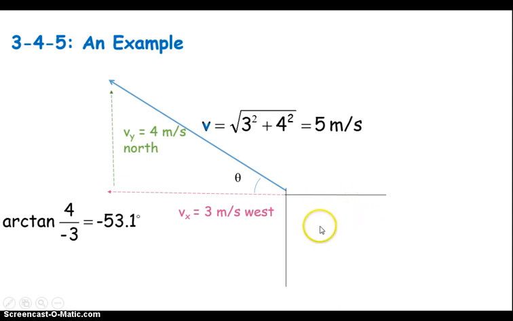Negative 53.1, there it is. I'm not over there. Check the picture. This is a reference angle of 53.1 degrees. It's 53.1 degrees less than what you expected to be, which is 180. This angle here, the one you actually want, is 127 degrees, 180 minus 53.1.